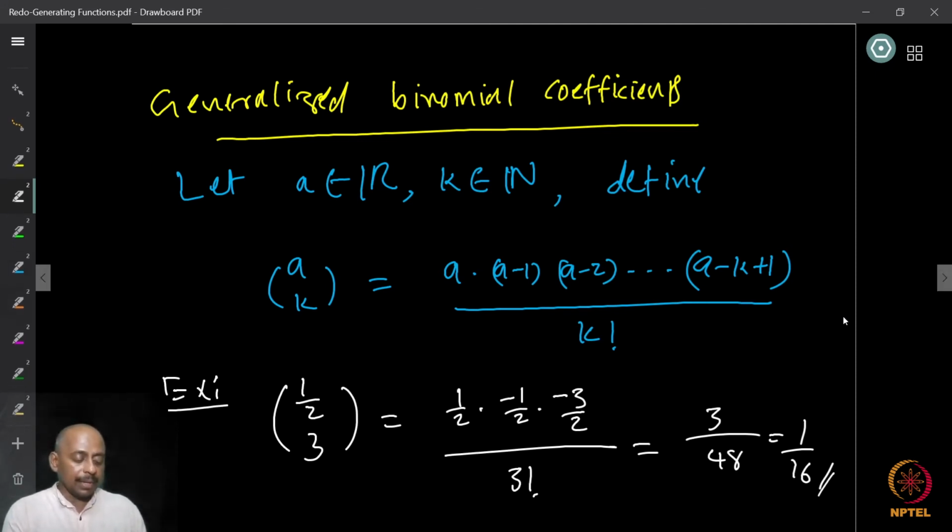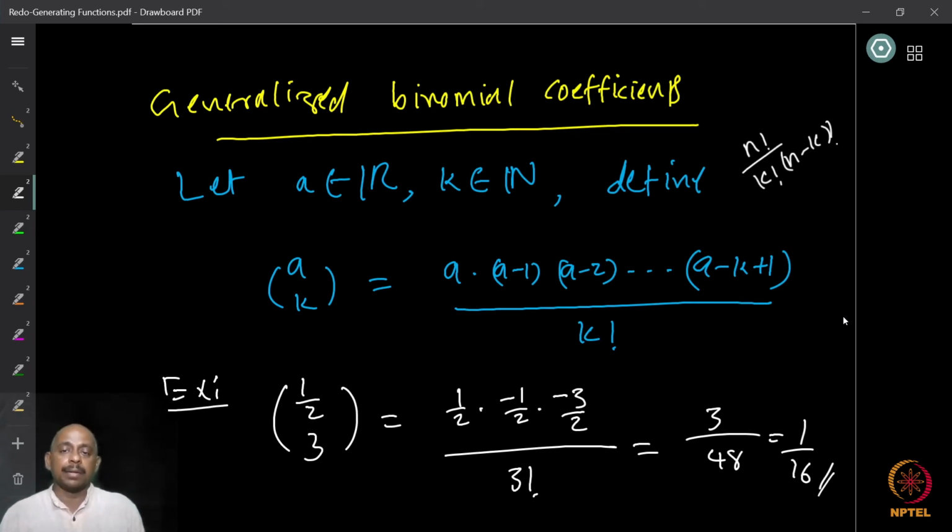And then we said that we can also write it as n factorial by k factorial into n minus k factorial. This was possible because n factorial is basically 1, 2, 3, etc. up to n, and what we were looking at is n into n minus 1, etc., n minus k plus 1.